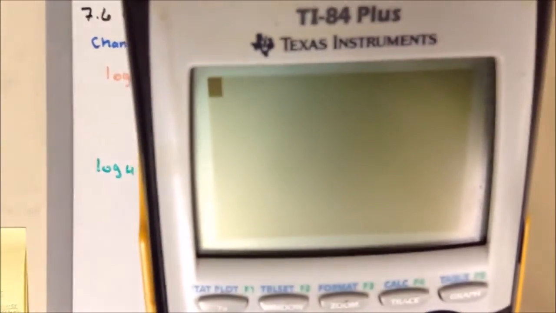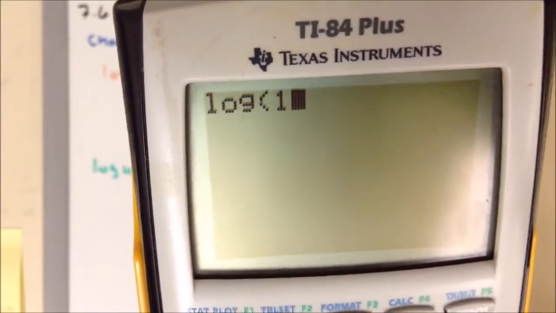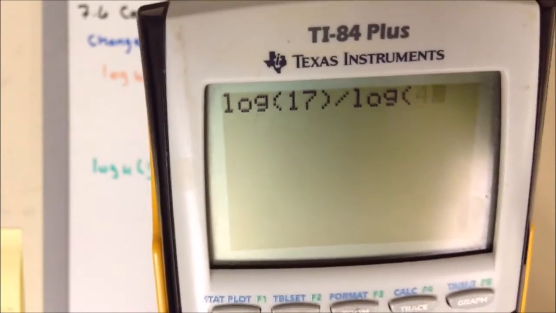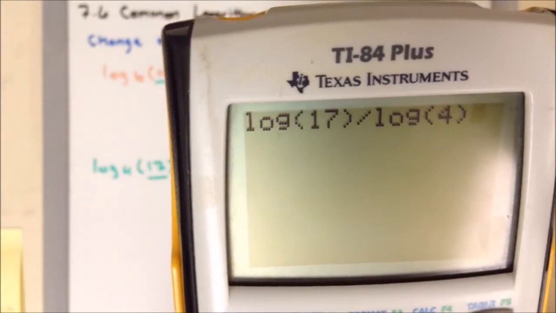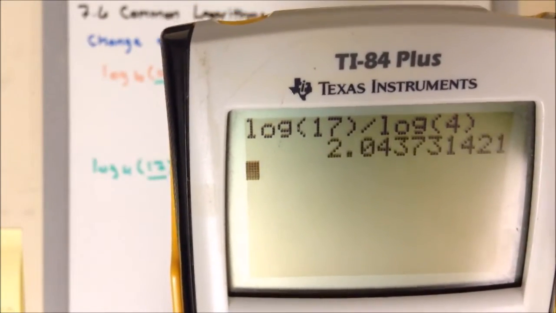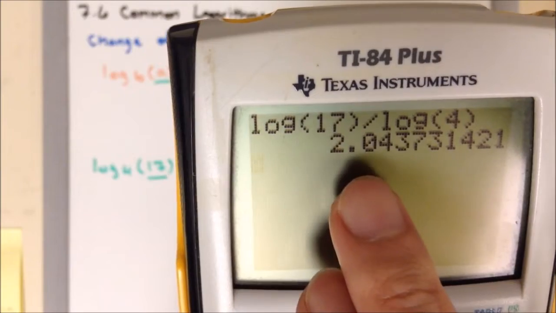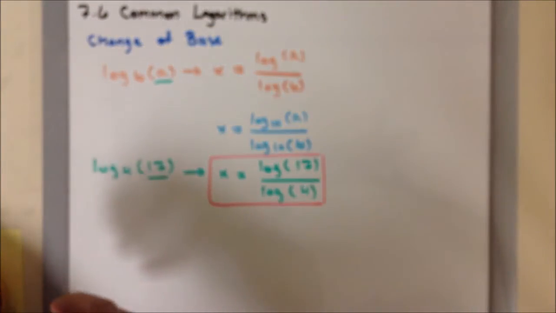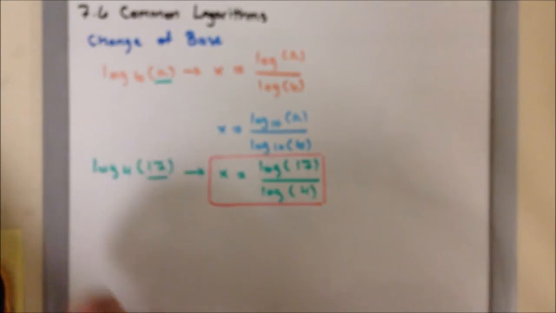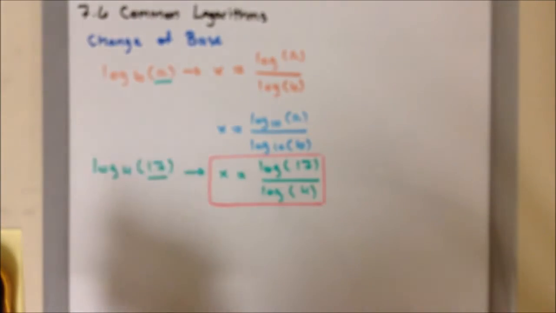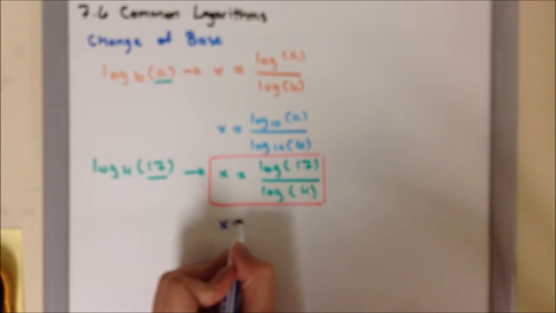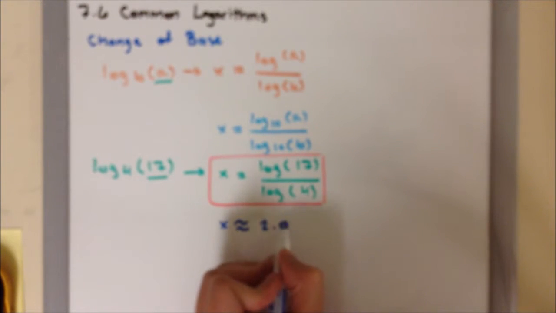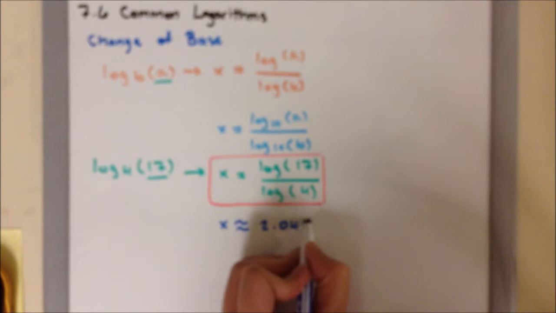I'm going to hit log of 17, close parenthesis, divided by log of 4, where the 4 was the original base of the problem. I'm going to hit enter. I get 2.0437. So let me write that down. So x is approximately 2.0437.